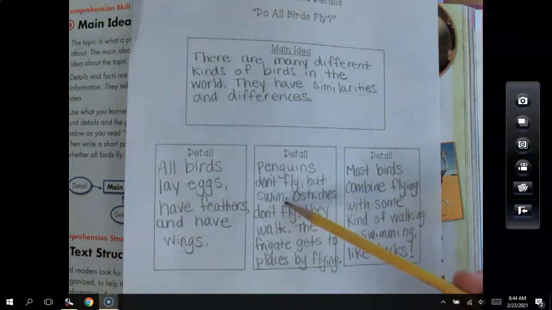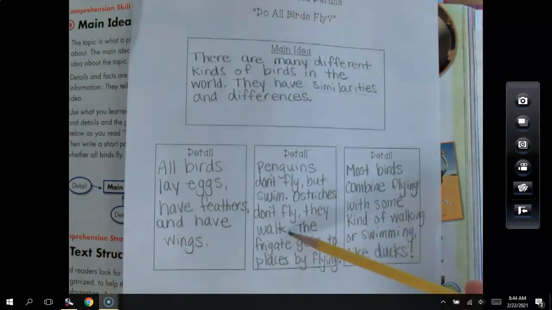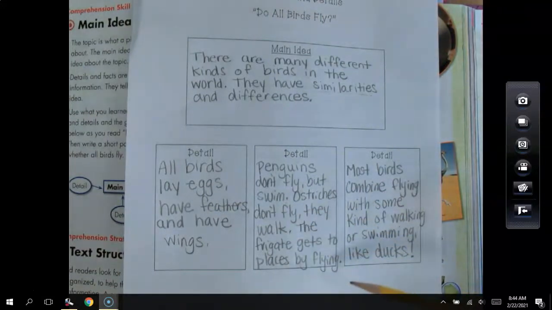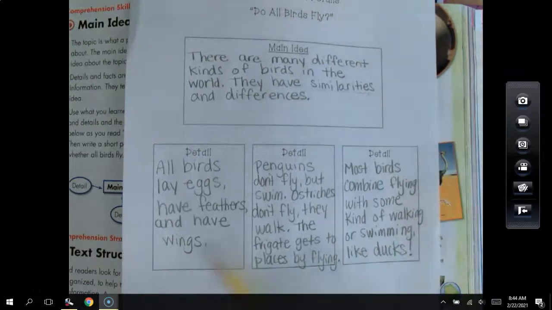Penguins don't fly but swim. Ostriches don't fly, they walk. And the frigate gets to places by flying. All three of those birds do something different. Yet, here, it says most birds combine flying with some kind of walking or swimming like ducks. So boys and girls, we came up with our main idea with our three details on Do All Birds Fly? So answer that question. Do all birds fly? From what we read, did you figure that out? No, they don't. We were able to prove that not all birds fly.